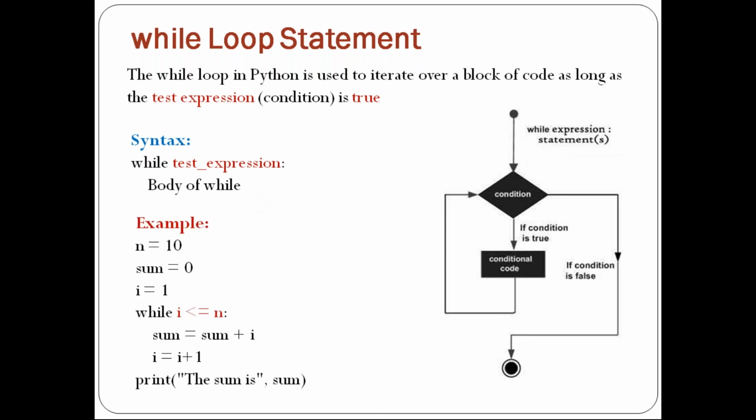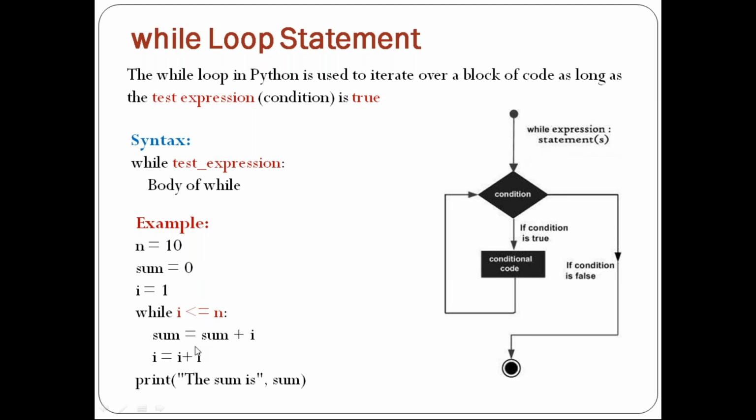See an example: n equal to 20, sum equal to 0, and here we are trying to calculate the sum of n numbers, and i starts at 1. And we are calculating sum equal to sum plus i. In the initial stage, we have the sum value as 0, and to that 0, 1 will be added. Sum is holding 1, and i will be incremented by 1, so that i will be holding 2.